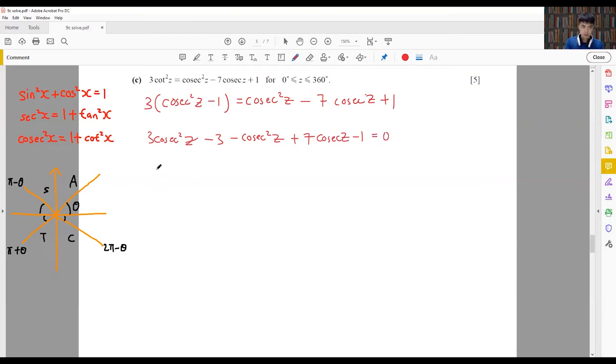Group up the like terms. 3 cosecant square and minus cosecant square is 2 cosecant square z plus 7 cosecant z, negative 3 minus 1, negative 4, equals 0. Type this into your calculator using your quadratic functions: 2, 7, and minus 4.